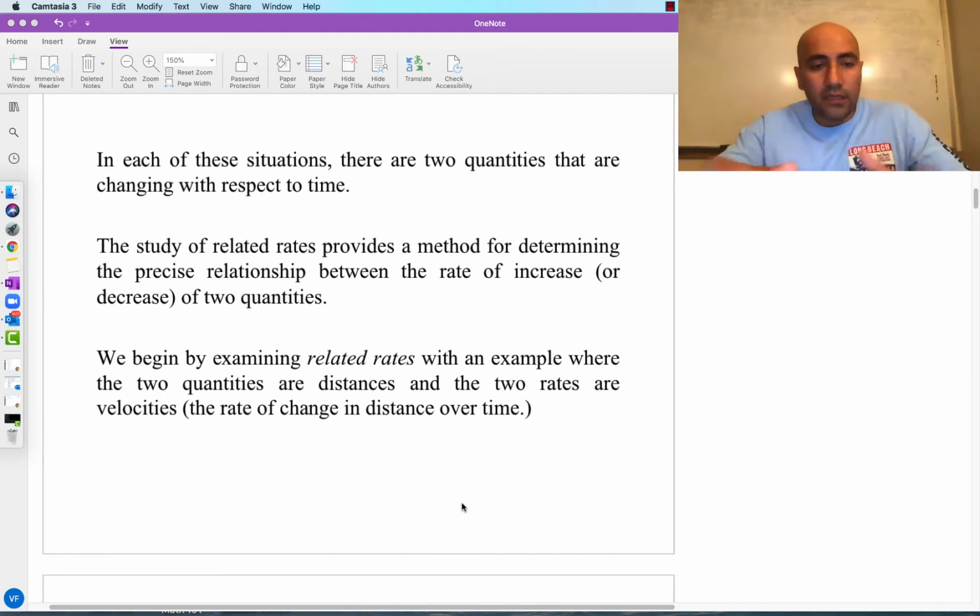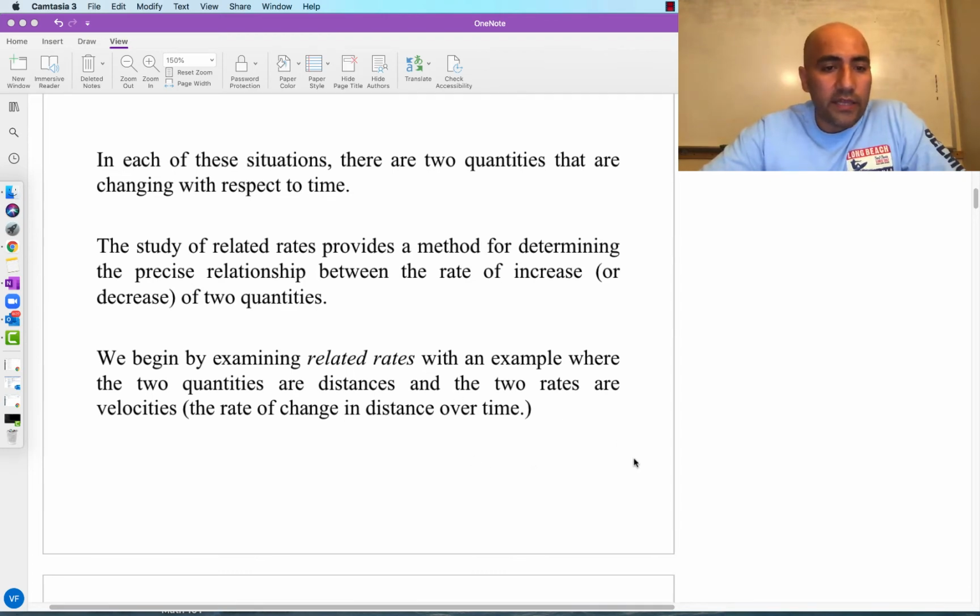Okay, I know that's a lot, so let's just dive into some examples. So this first example will involve distances and two rates of velocities. Remember that the first derivative of a distance function is speed. The second derivative of a distance function is acceleration.